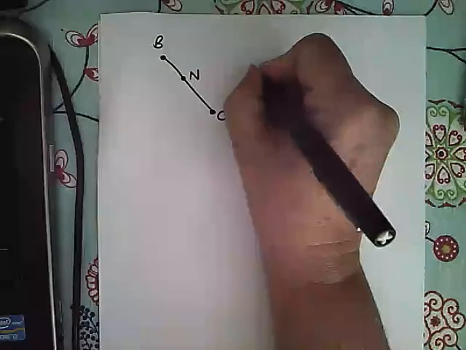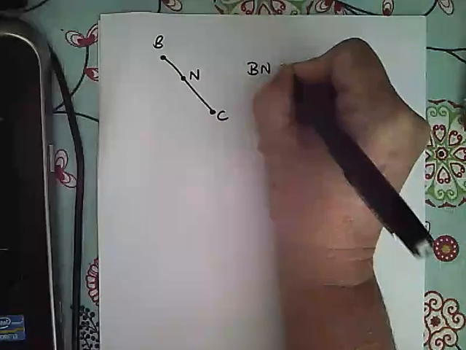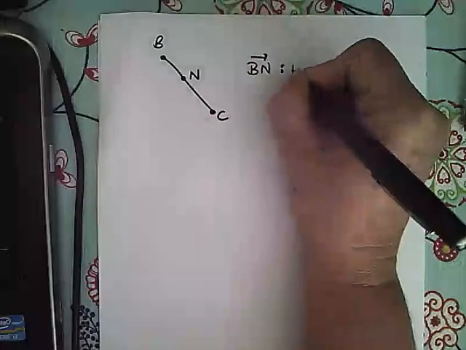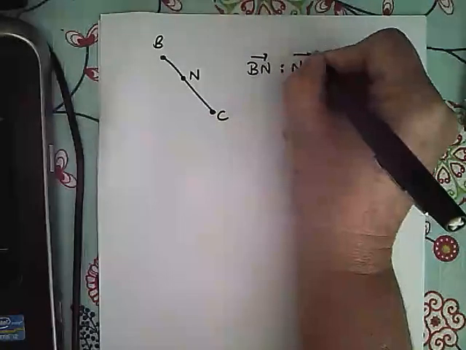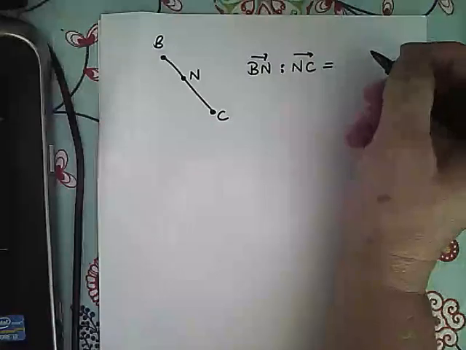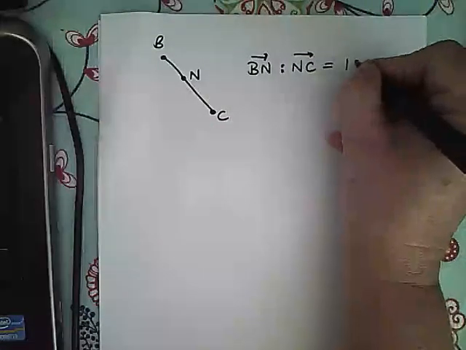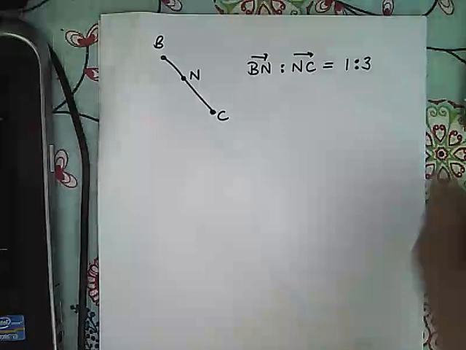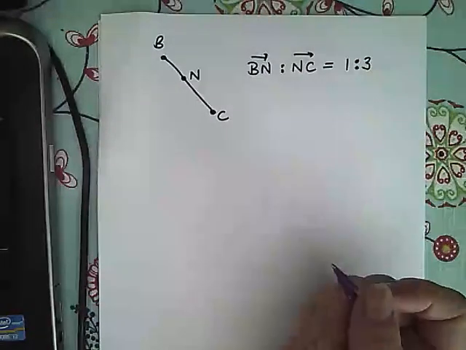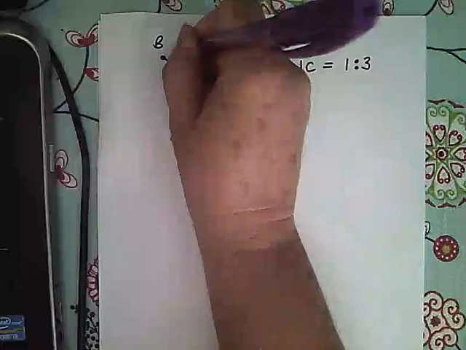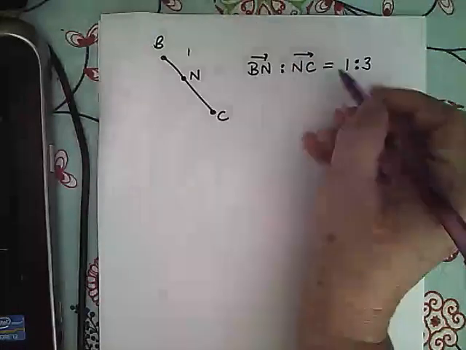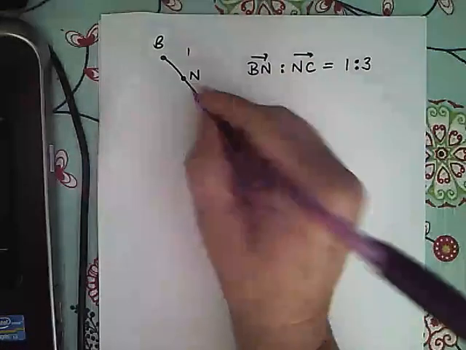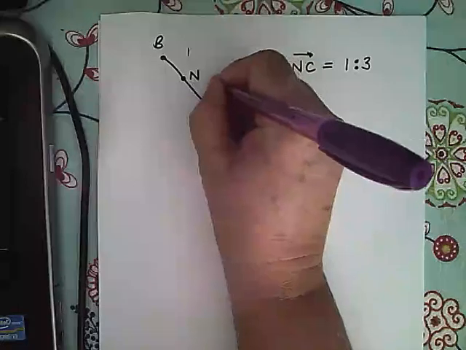So let's say BN to NC is in the ratio 1 to 3. And what I usually do is I get a different colour pen and I write a 1 here, because that's the BN bit, and then the NC bit, which follows on, is 3.